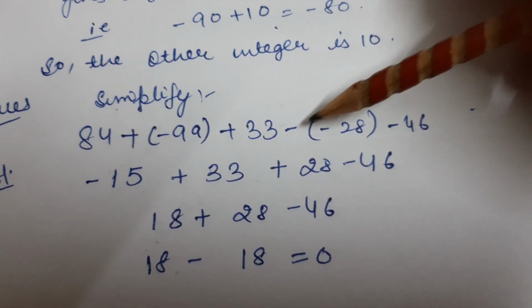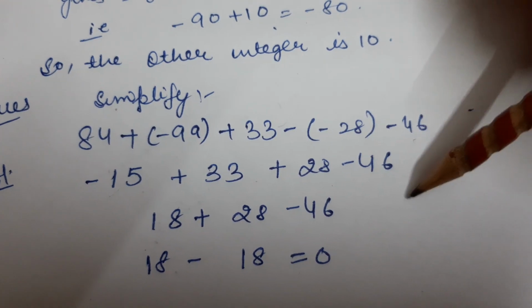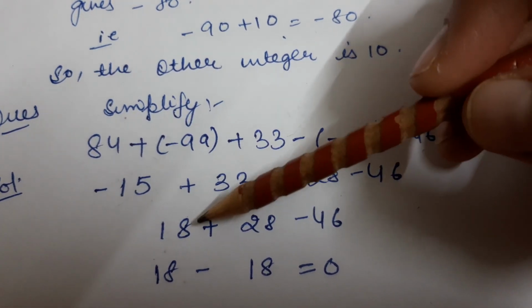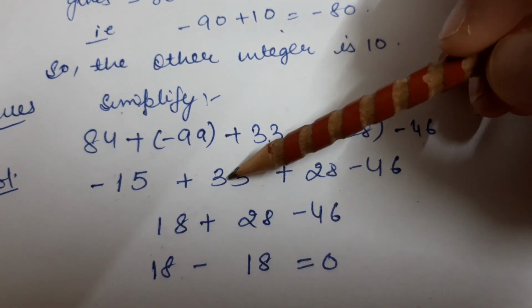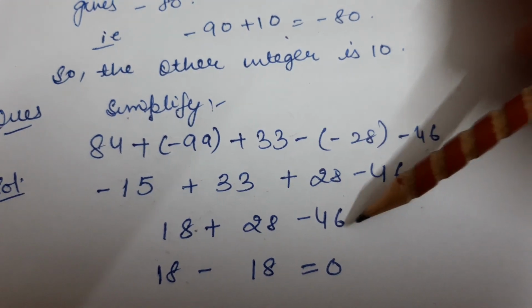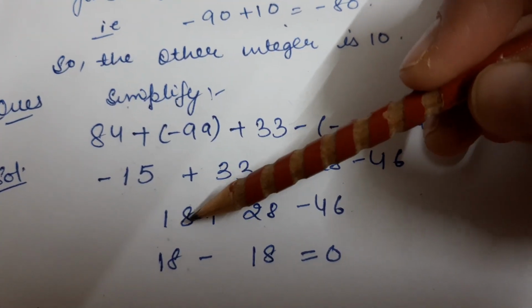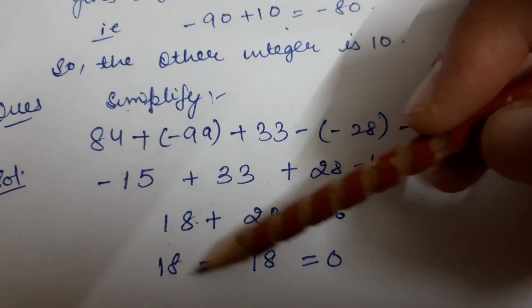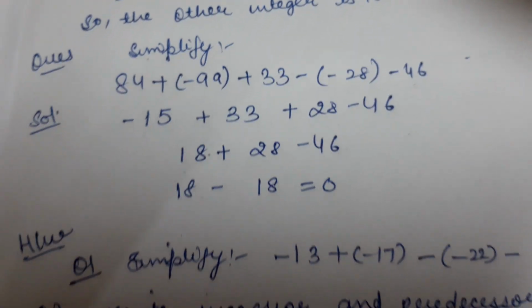Plus 33 minus minus 28 minus 46. Now minus 15 plus 33, the answer is 18. Positive sign in front of 33, so will be positive 18 plus 28 minus 46. So it is 18. 28 minus 46 is minus 18. So 18 minus 18, answer is 0.